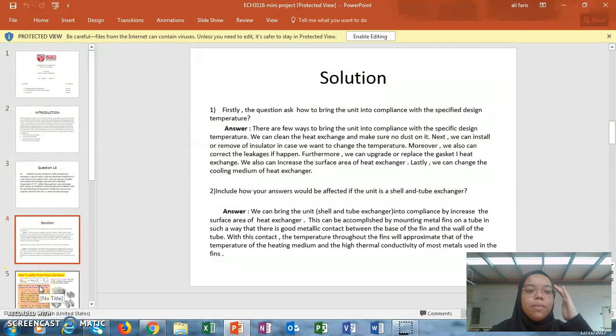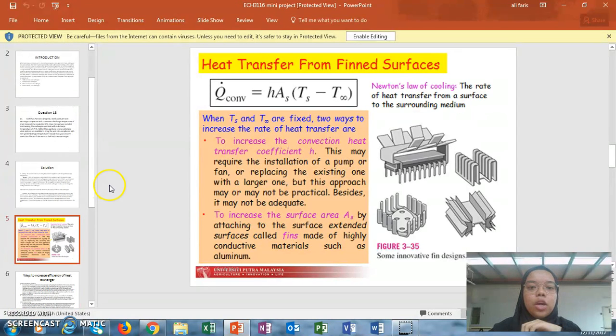This can actually be proven with the fin equation. As you can see here, the heat transfer Q is directly proportional to h, which is the convection coefficient, and the surface area. So by attaching metal fins, we are increasing the surface area, which will also increase the heat convection, which will also increase the heat transfer.